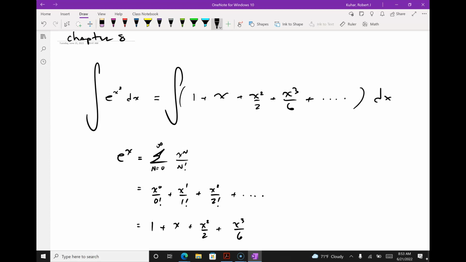And of course, to integrate those is very, very simple. And I'll show you at the end of chapter 8 that if I did this integral with Simpson's rule and 4 partitions, I'd get a better answer with 4 terms from a Taylor series. So again, we're just trying to improve on things, right?